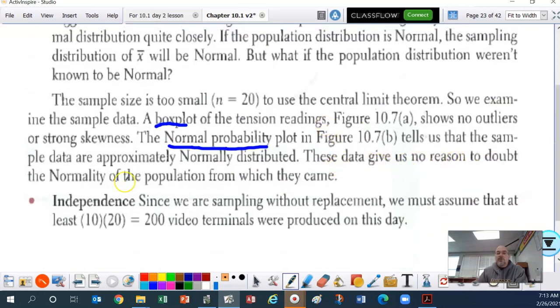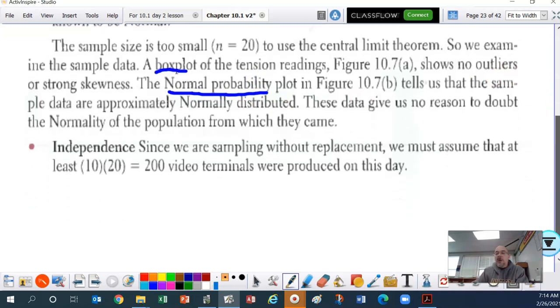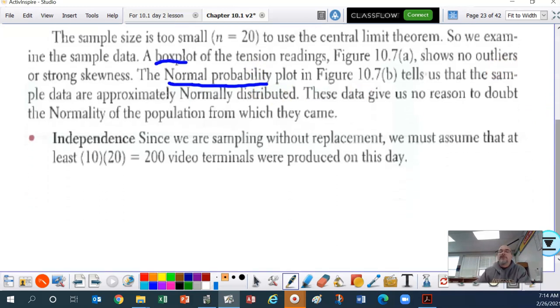These data give us no reason to doubt the normality of the population from which they came, because the sample data are approximately normal based on the box and whisker plot or the normal probability plot. Then the independence: remember, your population needs to be at least 10 times your sample size.